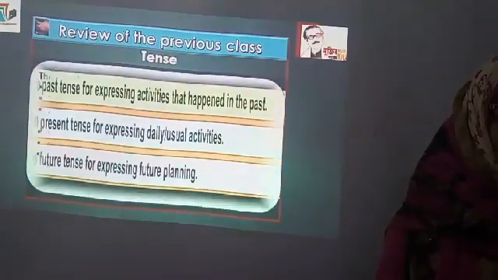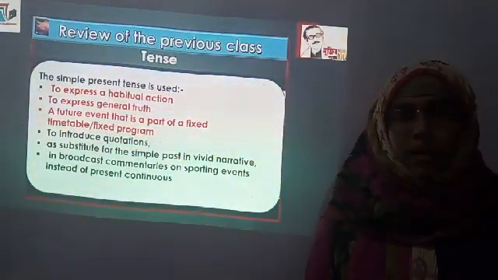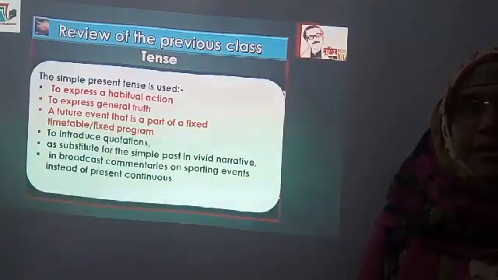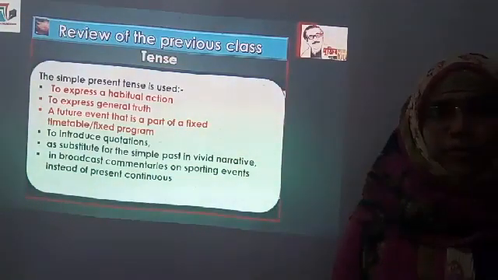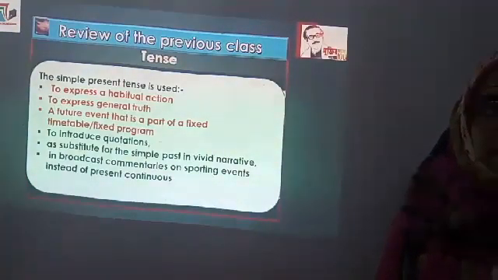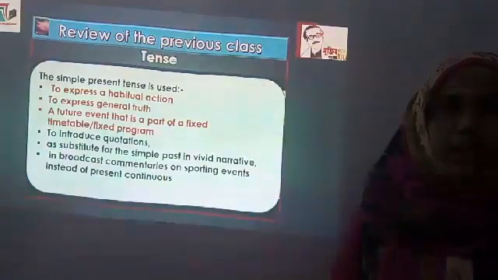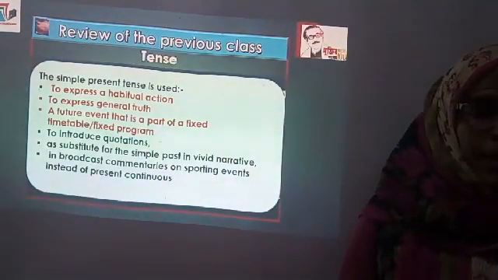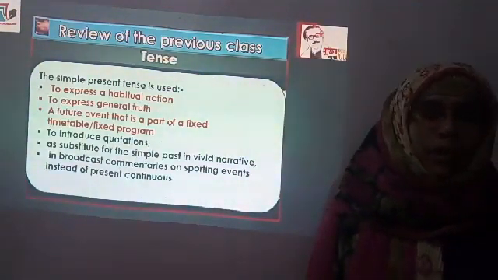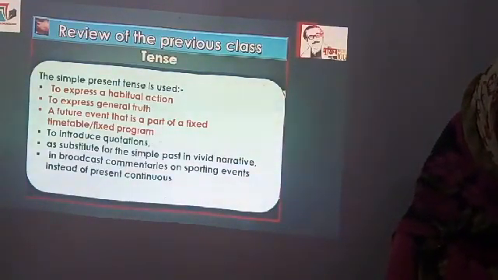And also we have learned more about when the simple present, simple past and simple future are used. Simple present tense is used to express a habitual action, to express general truth, and a future event that is a part of a fixed timetable.